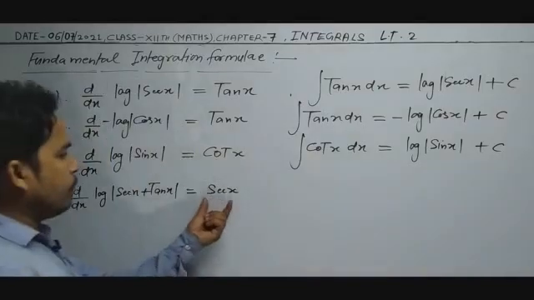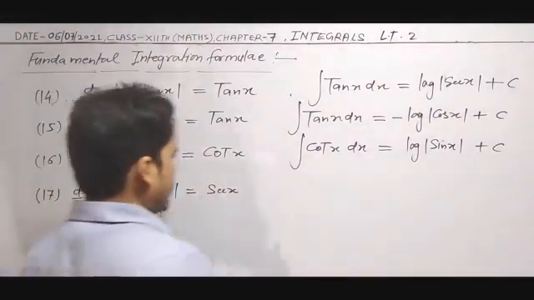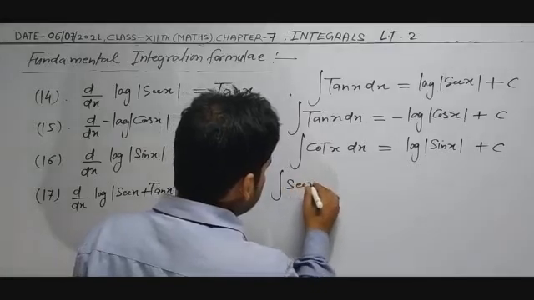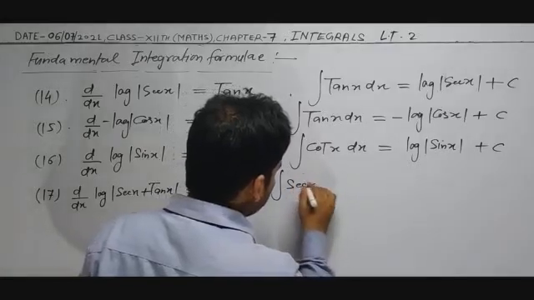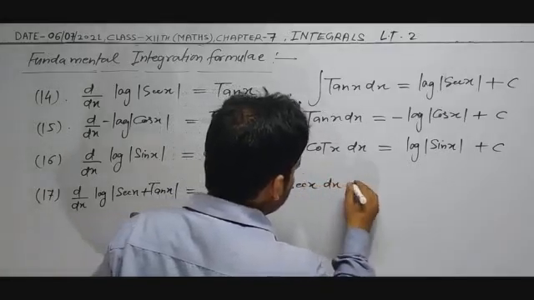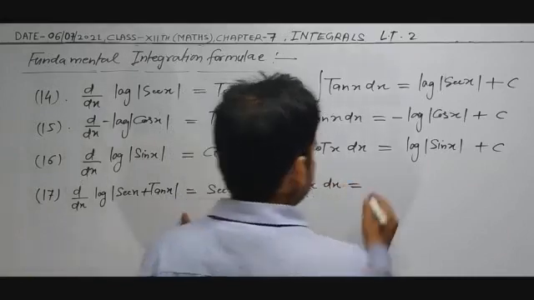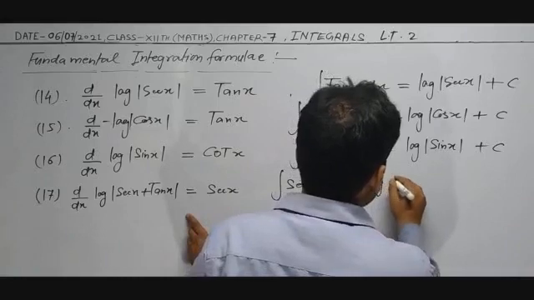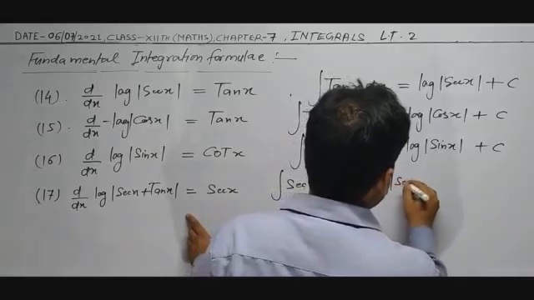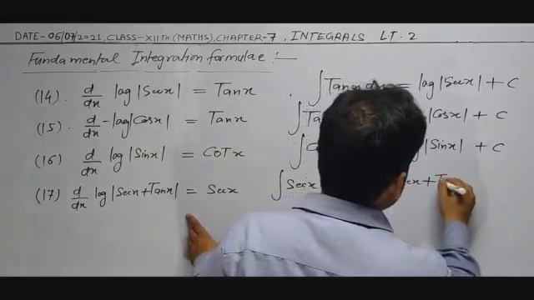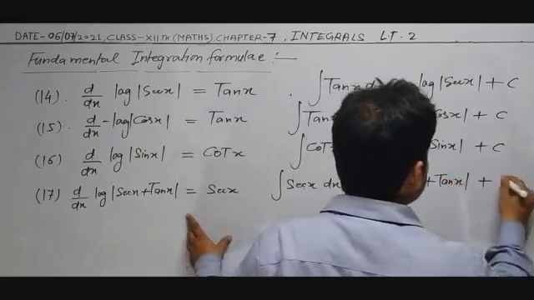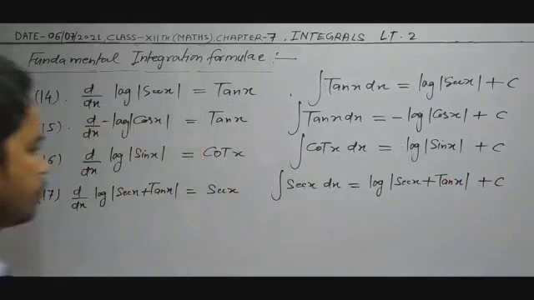So when you find the antiderivative of sec x, you will get the same result. So antiderivative means integration of sec x dx can be written as log of mod of sec x plus tan x plus c.